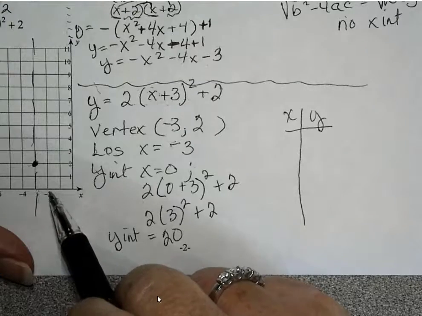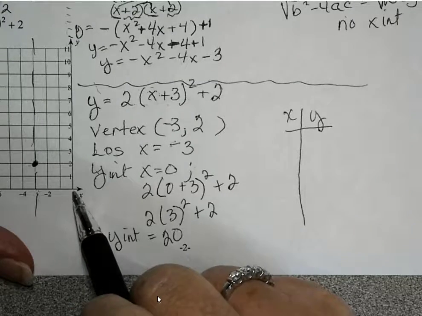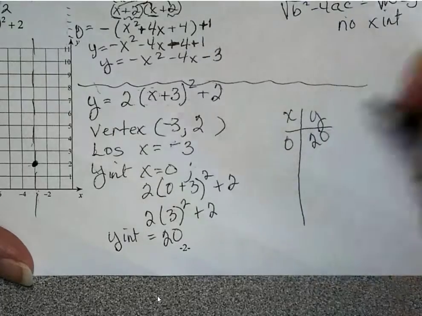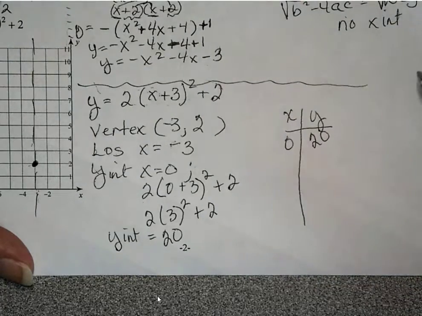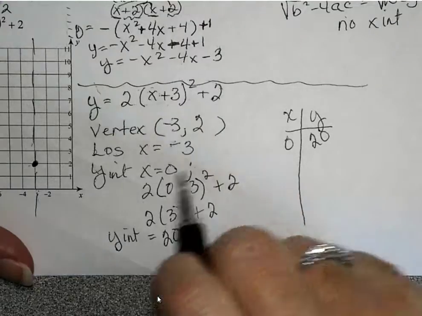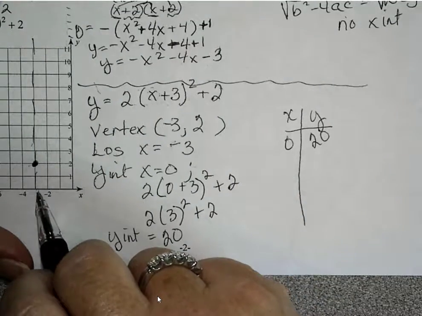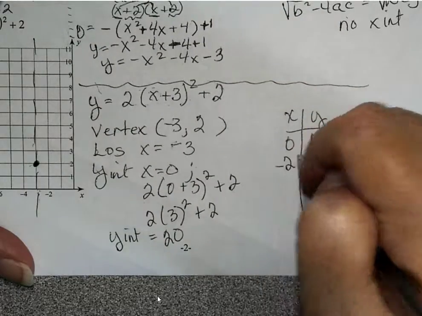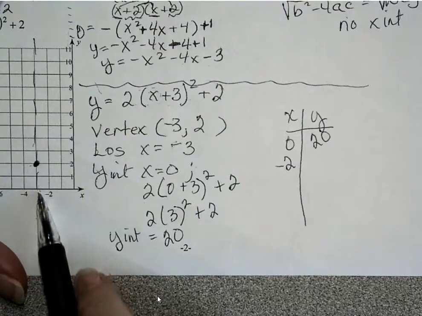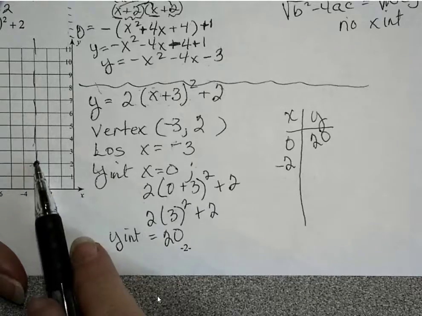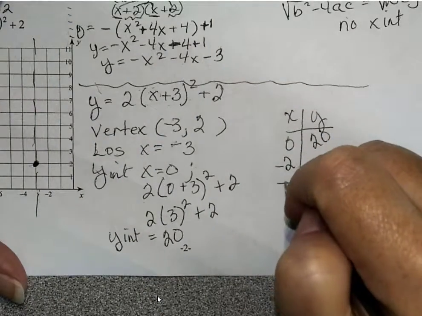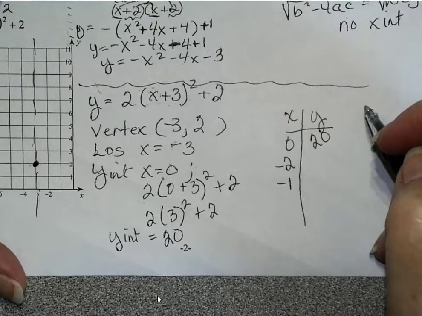Now, I'm not going to try 0, because when x equals 0, I already know that y is going to equal 20. That's not helpful. But here's my line of symmetry, so I'm going to try x equals negative 2. I'm not going to try negative 3 because when x is negative 3, I already know that y is 2. So I'm going to try negative 2 and I'm going to try negative 1.